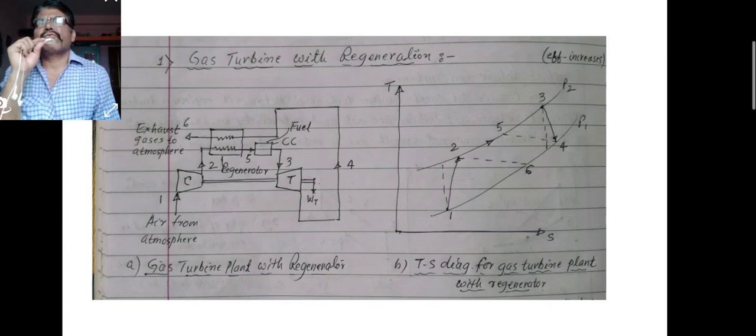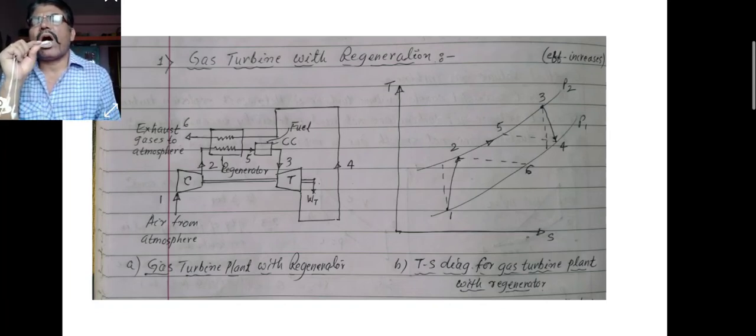Then 4 to 5, that point 5 is in between 2 and 3, the heat exchanger is just near the combustion chamber. And then the cycle is completed again at point 1.